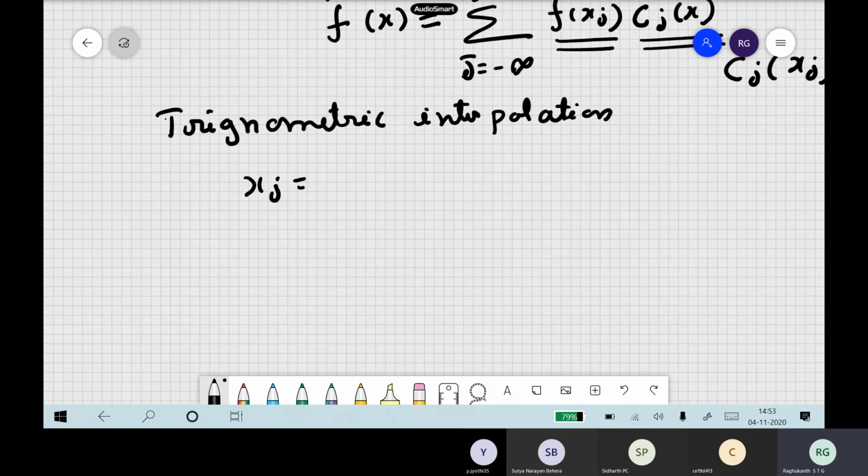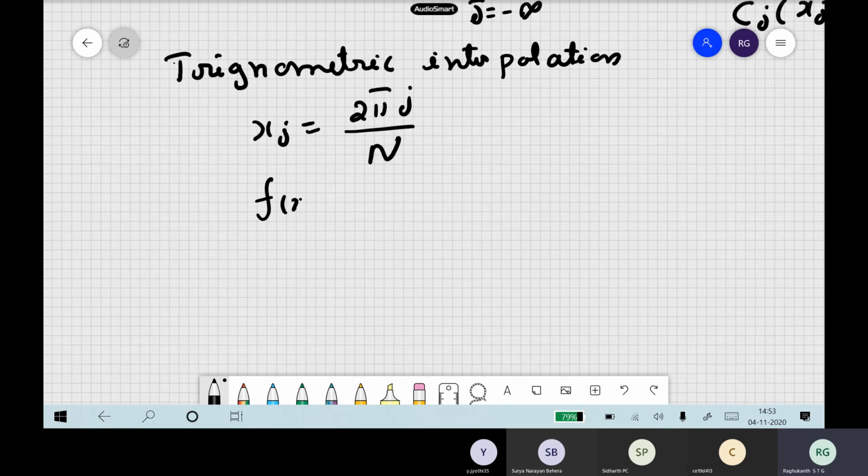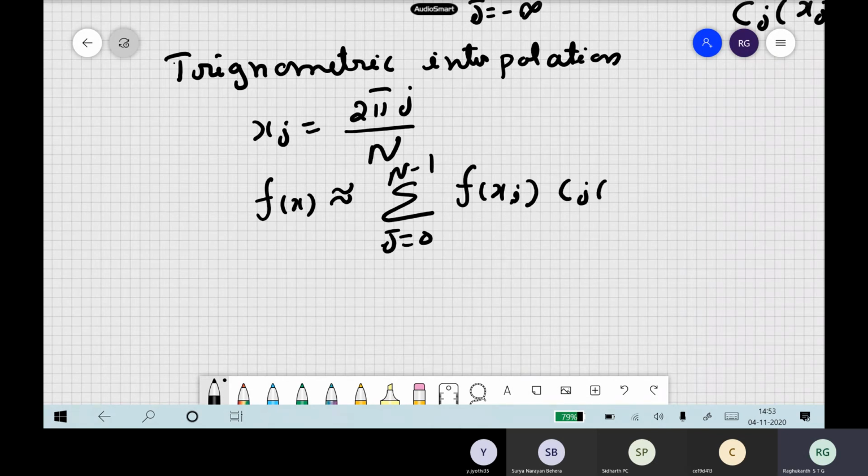Okay, so these are my collocation points, equally spaced. So for trigonometric interpolation, we can write any function f of x as the sum over j equal to 0 to n minus 1, directly in terms of the functional values. That's the main advantage. You follow?